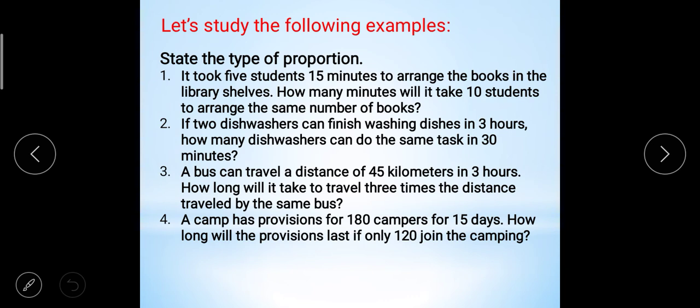Yung kasing dami din nung mga plato na huhugasan ng dishwasher. So, para matapos siya ng mabilis, ng 30 minutes, ilan yung dishwashers na kailangan? So, do you think kailangan magbawas or magdagdag? Nicole.